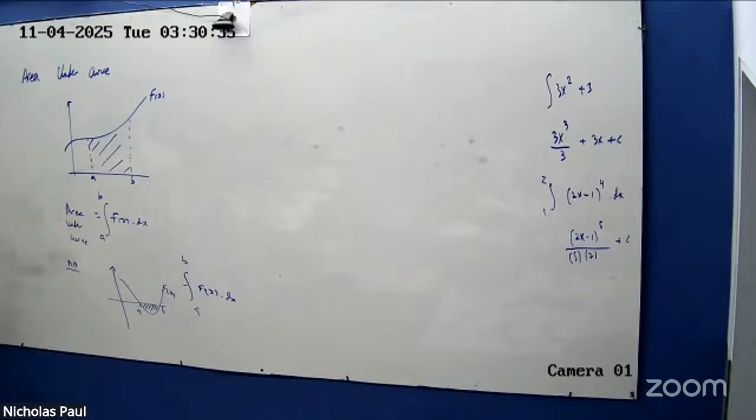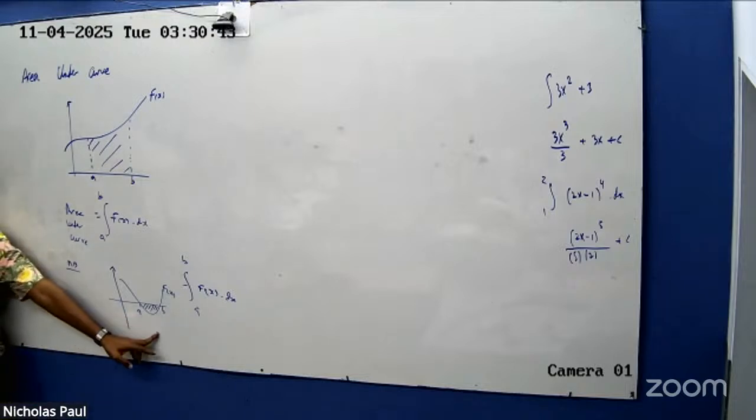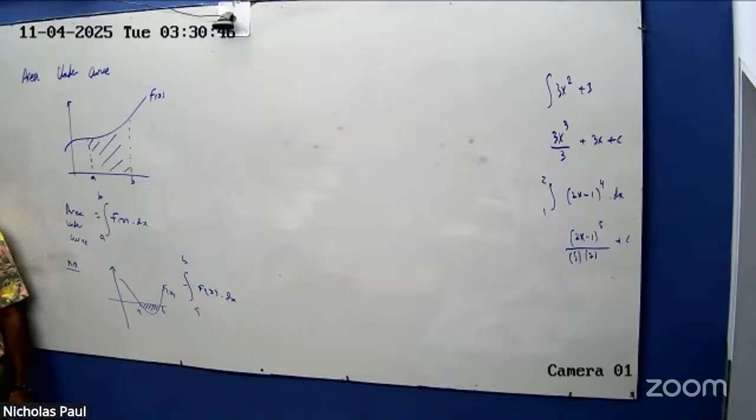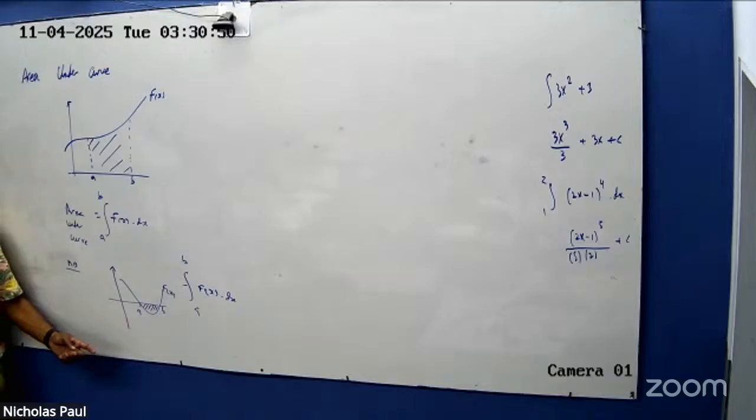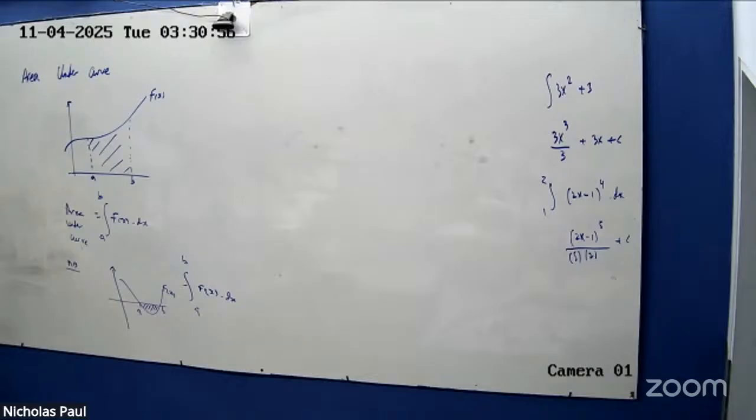You might need a sketch. So some of these functions might need a sketch to determine whether the shape is below the x-axis. So in some of these integration questions, you're going to have to learn to draw. Right, but you had to know where it's negative, between what values.